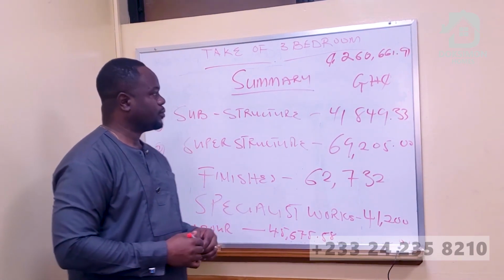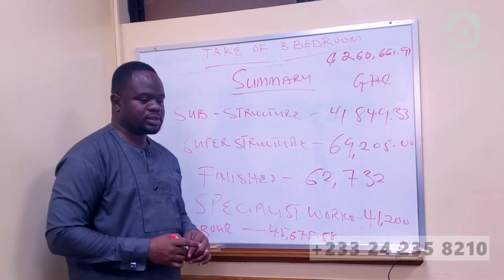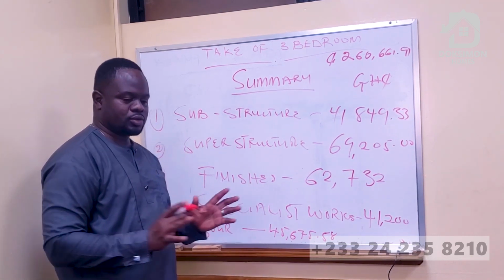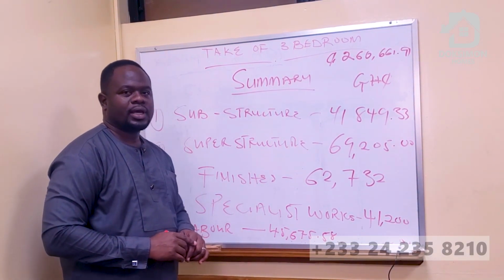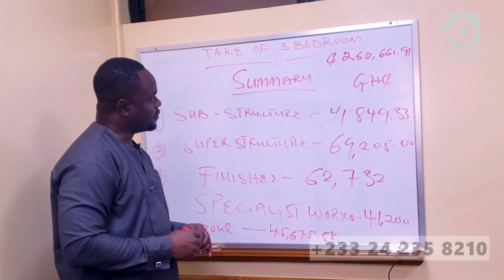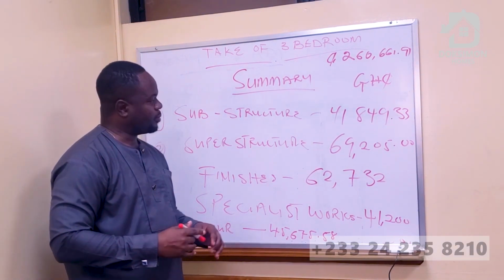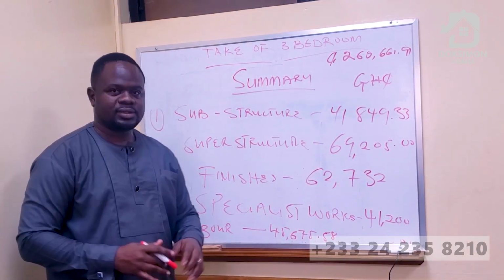But averagely, with this amount, adding 15% upwards is our charge. We can execute a nice 3 bedroom and suite for you, and you will be marveled. You'll love the work that we've done. Thank you very much. And this is the summary.